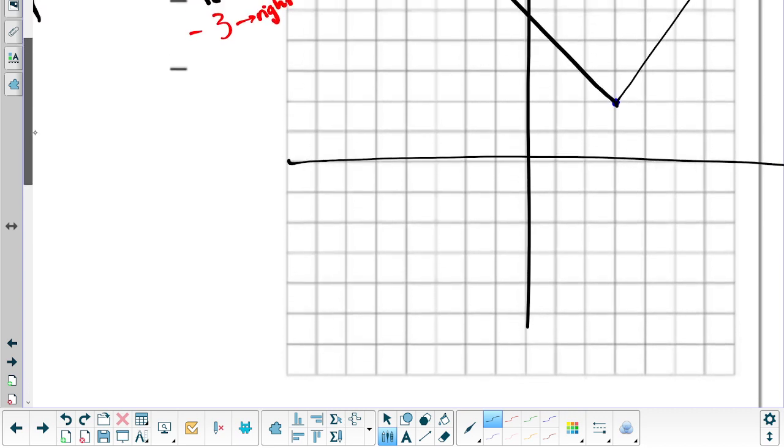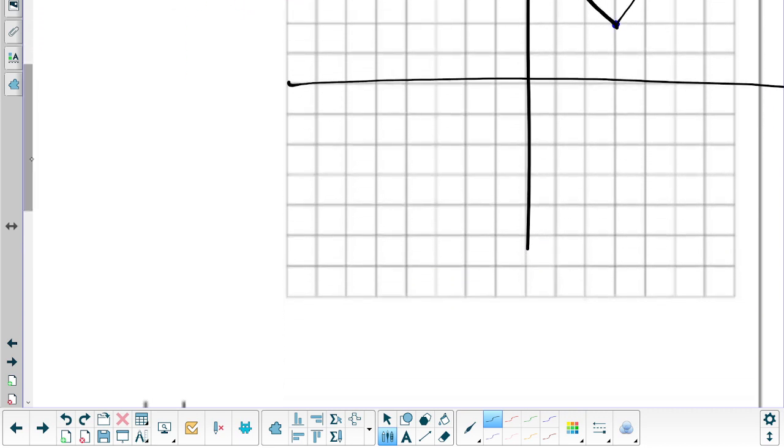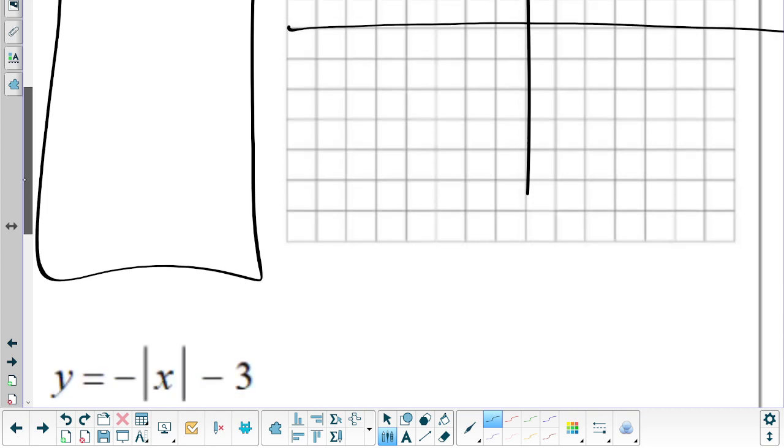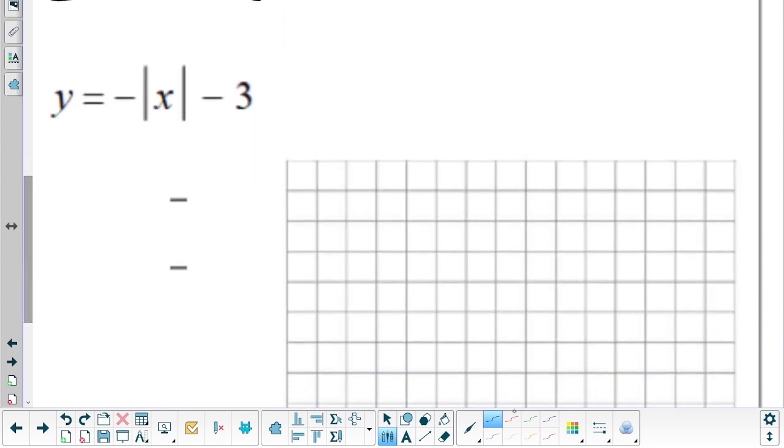So really, it's important that you get those notes from the board onto the sheet right here, okay? And then the only thing that's different about this one is that there's a minus sign in front. What that does is reflect or flip upside down.